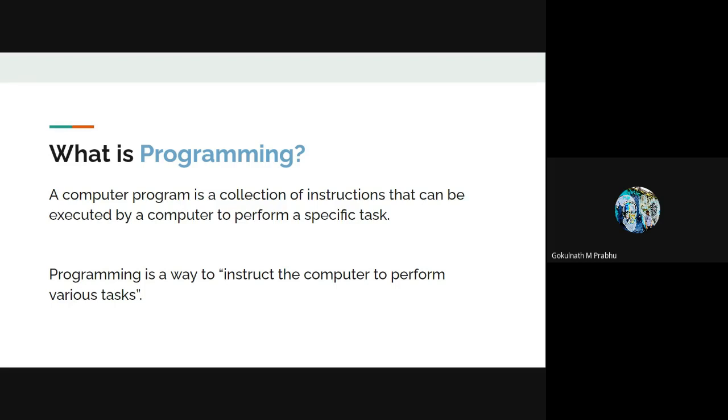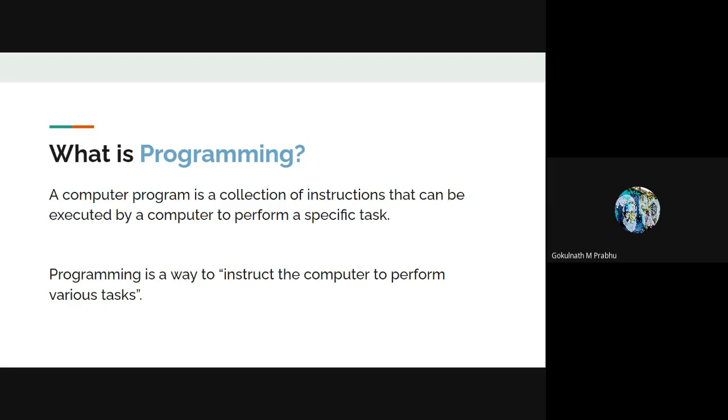So everything in a computer system is actually a program, and it's basically a set of instructions that tells the computer hardware, our CPU and memory and all, about what to do next. So when these instructions execute, the CPU can perform certain tasks and accomplish certain goals that we need to achieve.